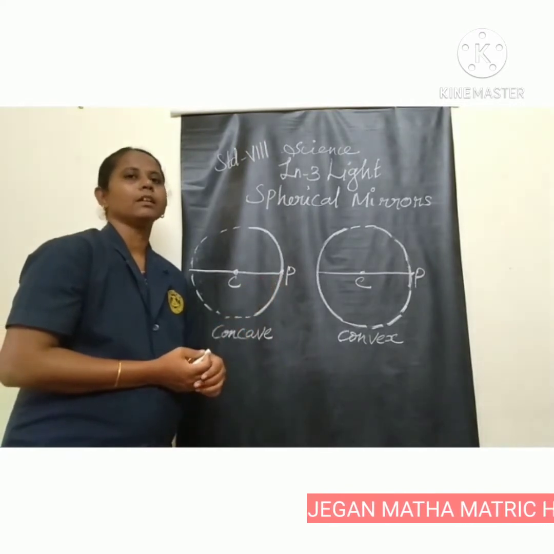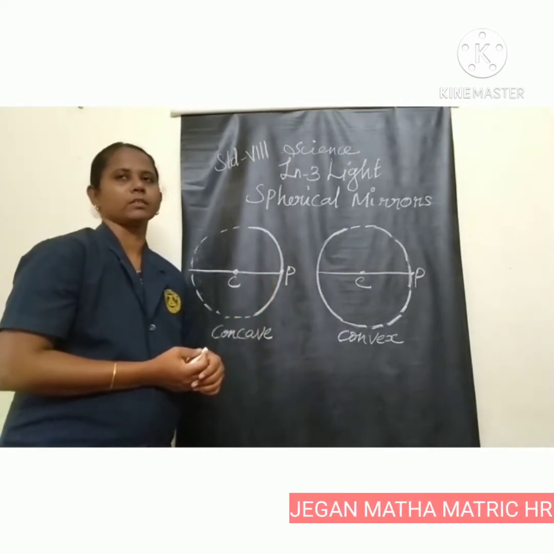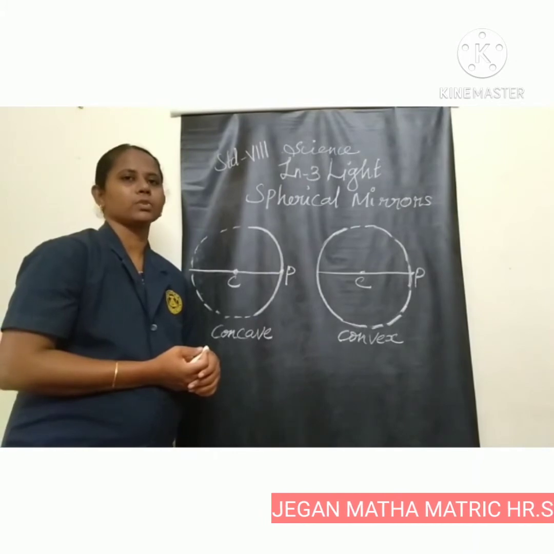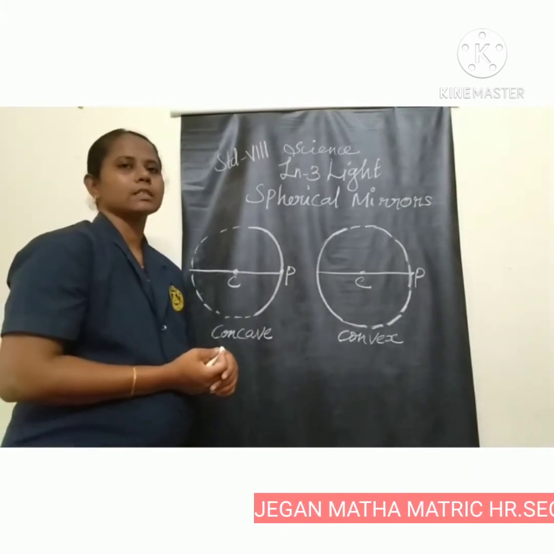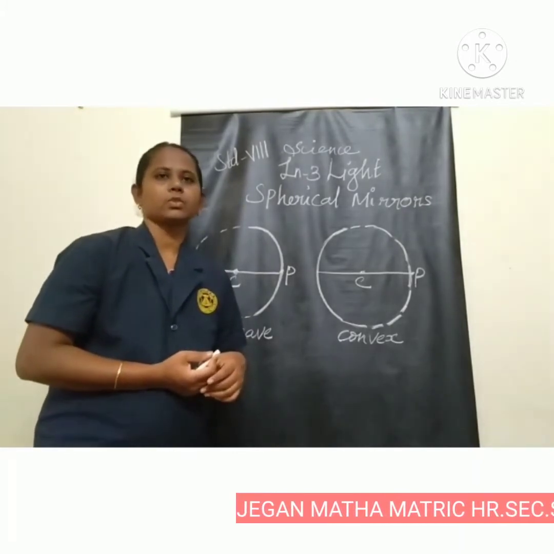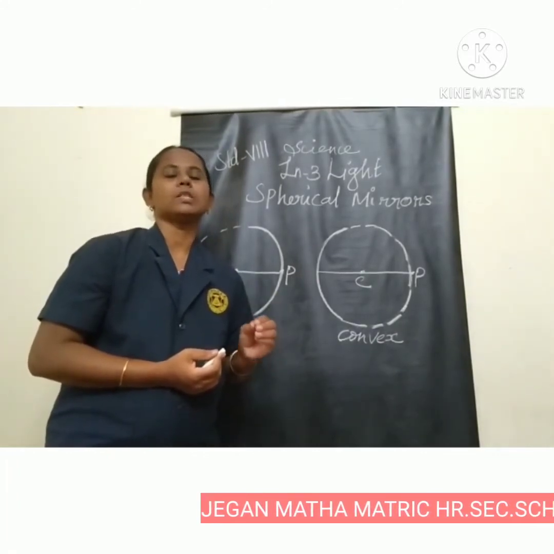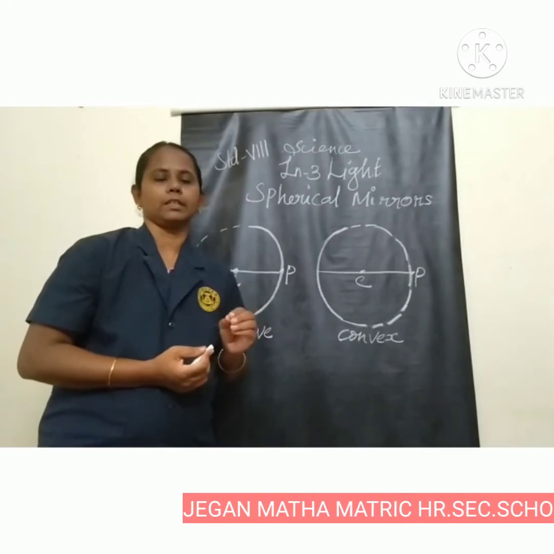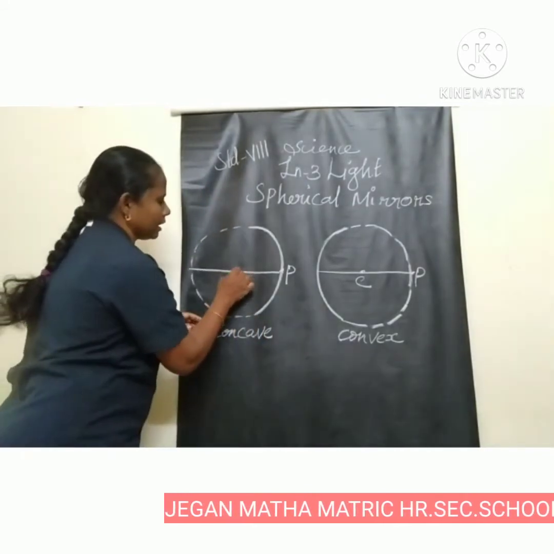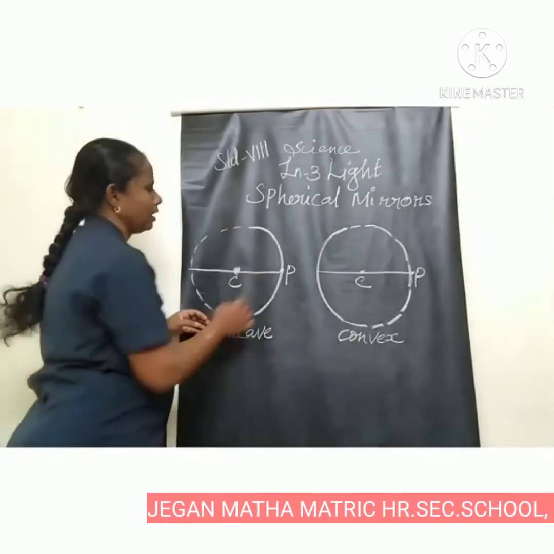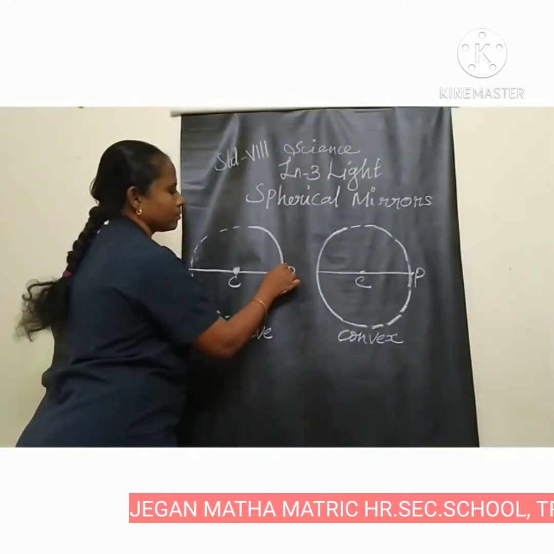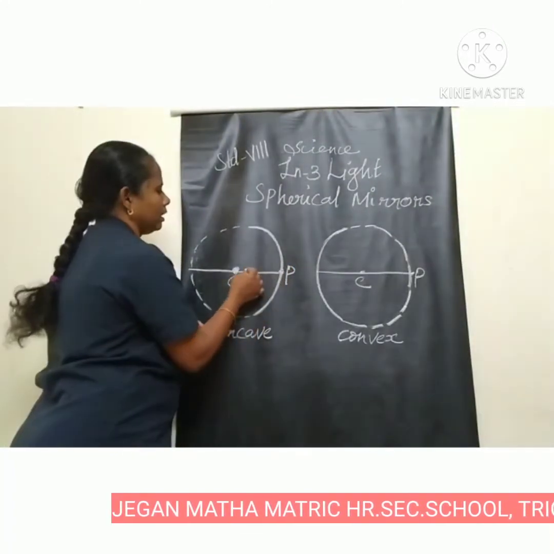Then third one, radius of curvature. The radius of curvature means the distance between the center of the sphere and the vertex. This is the center of curvature and this is the vertex, meaning the pole.